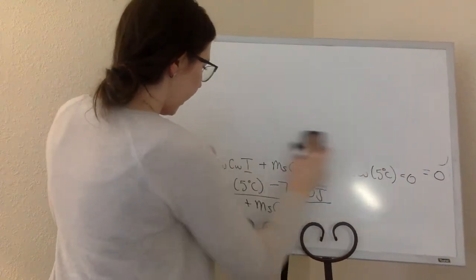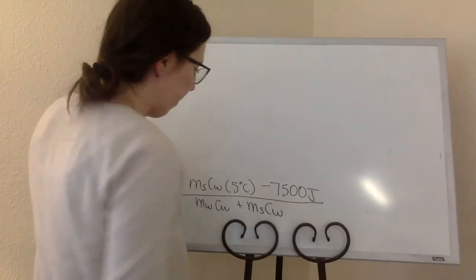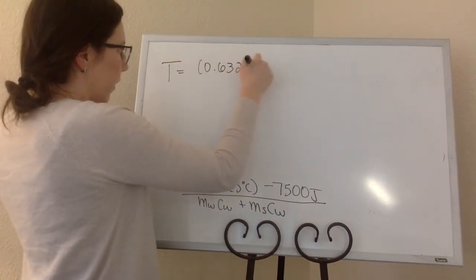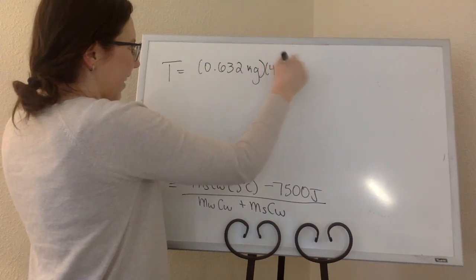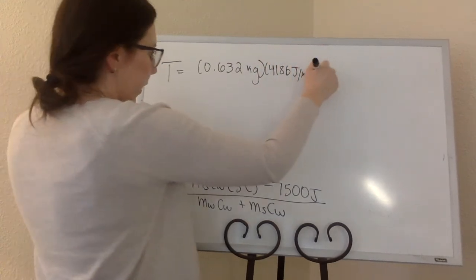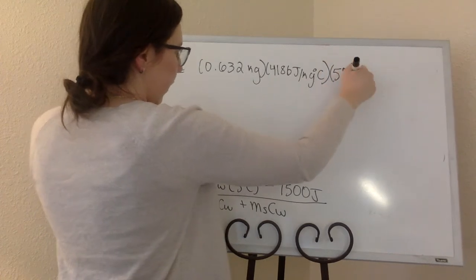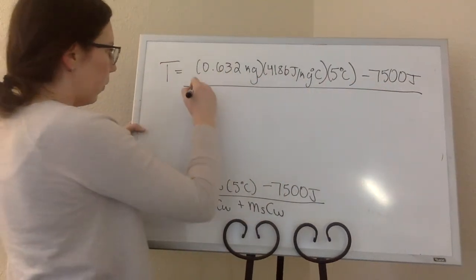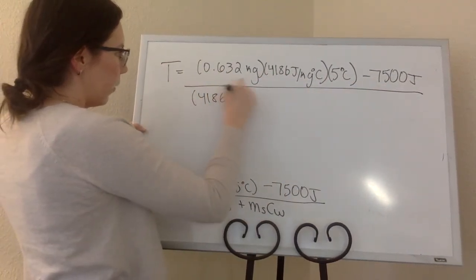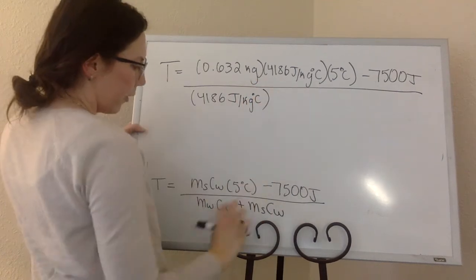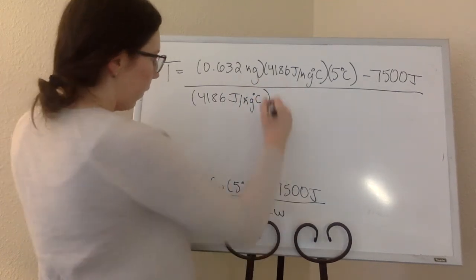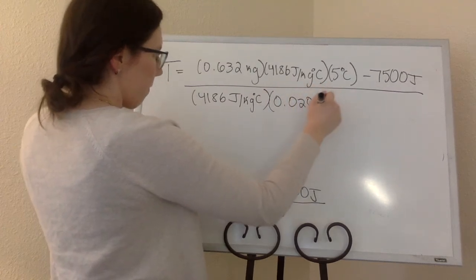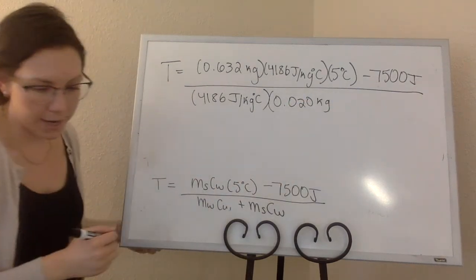All right, so taking that up a bit to plug in the numbers, that's 0.632 kilograms, 4,186 joules per kilogram degree Celsius times 5 degrees minus 7,500 joules over 4,186 joules per kilogram degree Celsius. That term is here both, C water here, so I'll add the masses here, 0.020 kilograms for the ice.